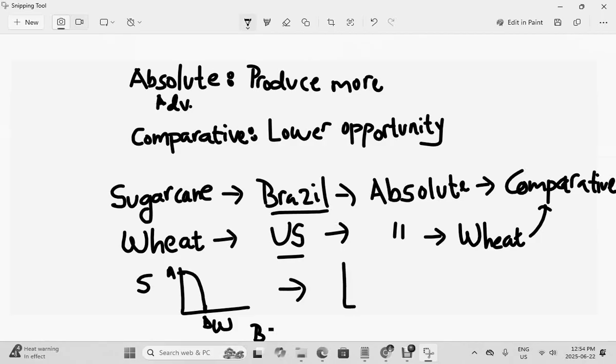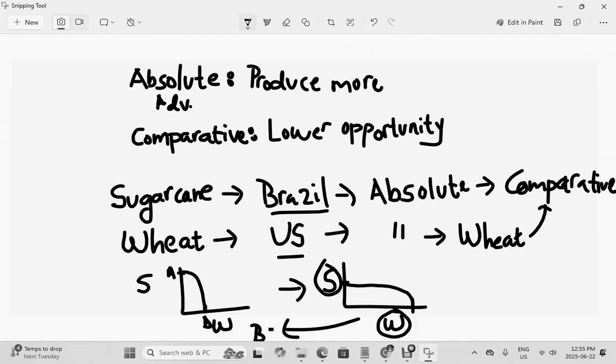On the production possibilities frontier chart, in the US you have more wheat being produced and not too much sugarcane, so the opportunity cost of producing sugarcane is higher compared to Brazil, and the opportunity cost of producing wheat is lower.